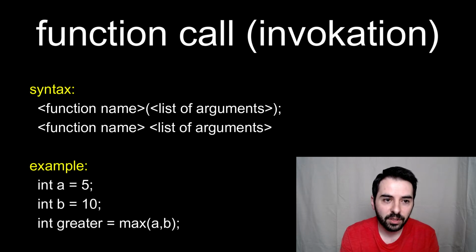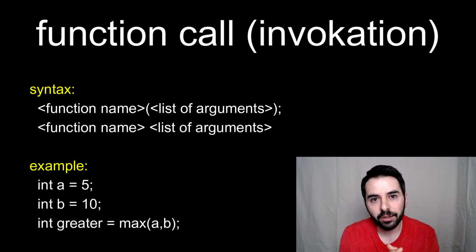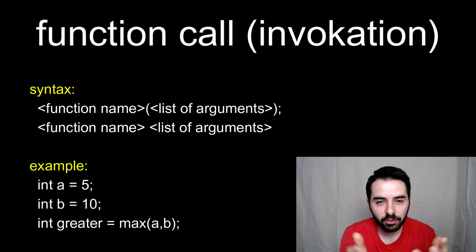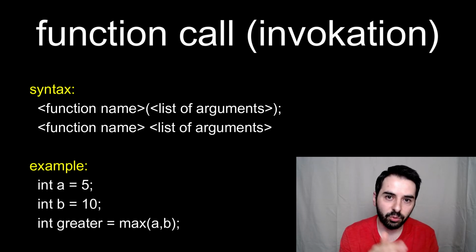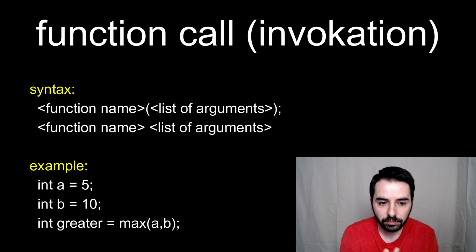So for instance, for that max function we defined above, if we have, let's say, two variables a and b, from user input, or we just had them previously, then we can say int creator equals max(a, b), which means it will call the function, calculate whatever result the function returns, and then assign that result to the new variable creator.